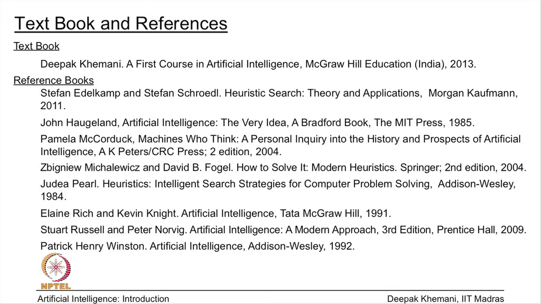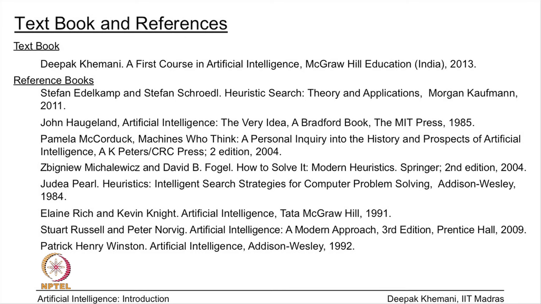So, Rich and Knight book on AI, Russell and Norvig, which is probably the most well known textbook at this point of time, and a book by Winston which was written earlier. Then there are certain specialized books. So, these 2 books by Fogel and Michalewicz are on certain aspects that we will cover, and this book by Judea Pearl is something we will use while game playing essentially.